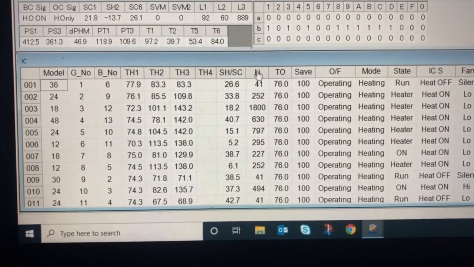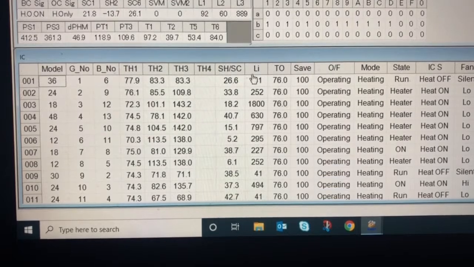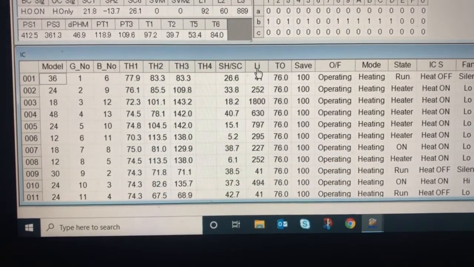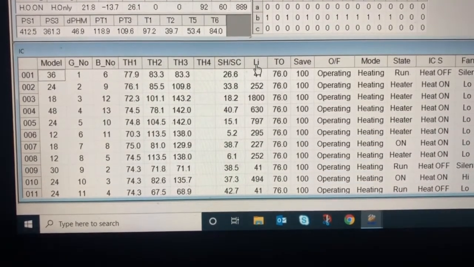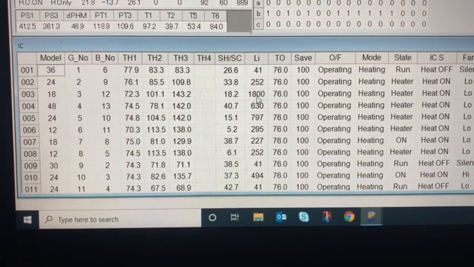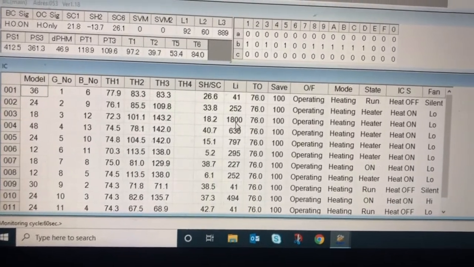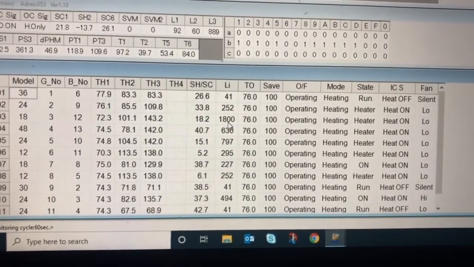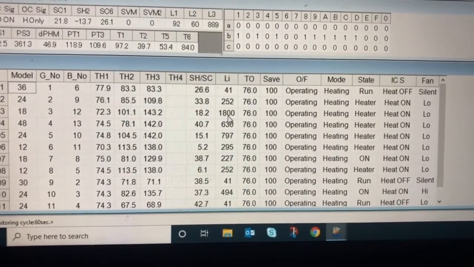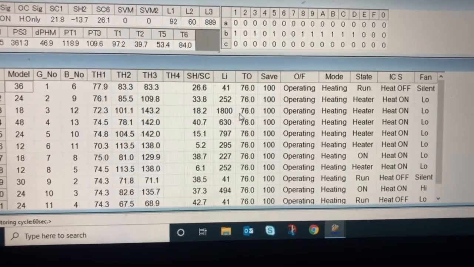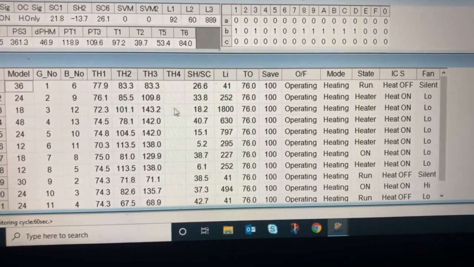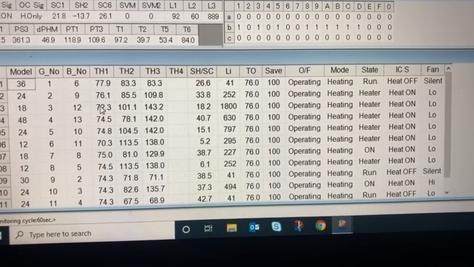This tells you how open that TXV is, to see how much refrigerant is flowing. You can adjust this too, and I'll show that in another video, and you can open it up further. The reason this one is opening up so wide, 1800 steps, is because it's nowhere near satisfied yet. It's set for 76, but it's only 72, so it's going to keep going.